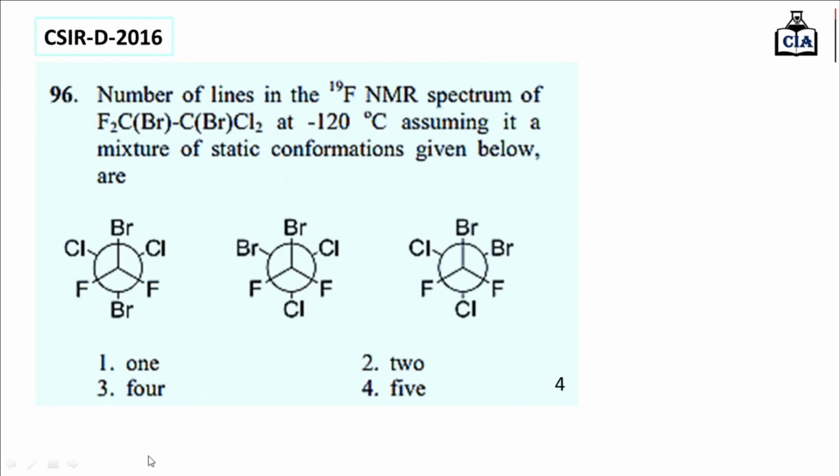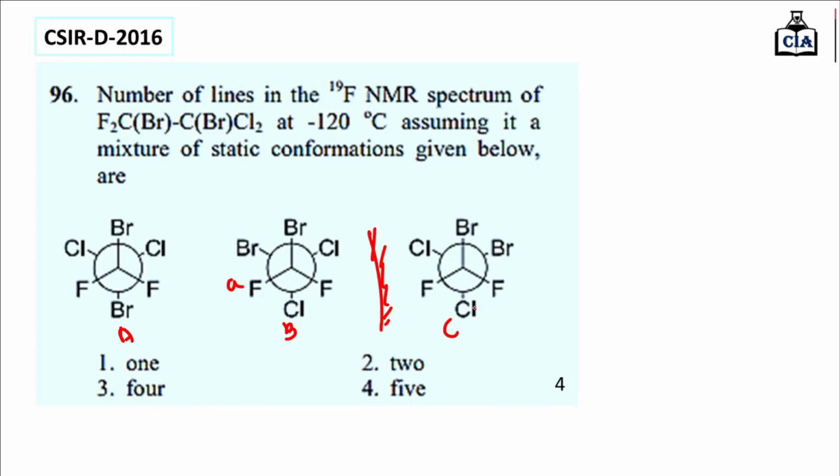Now the next question, from CSIR December 2016. In this question also we have to find out the total number of lines observed in a 19F NMR spectrum. If you look at this A, B, C, D structure, this B and C are the mirror image of each other, because both the fluorine atoms are non-equivalent. This first fluorine is present in between bromine and chlorine, so this is A type.